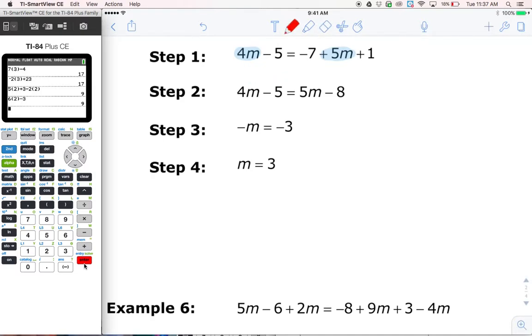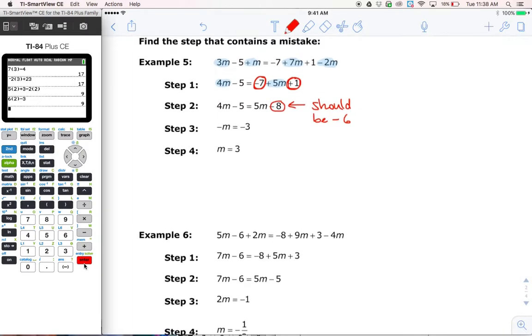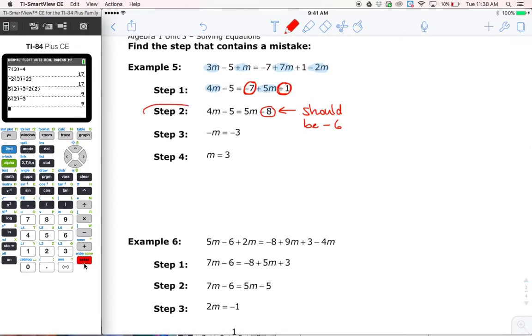The right side looks like they did negative 7 plus 1 and they got negative 8. Okay, well that's wrong. What should they have gotten? Well, negative 7 plus 1 should be negative 6. So when it says what step did the error occur, that would be step 2. Whatever's labeled on that left side where you found the error, that's your answer.